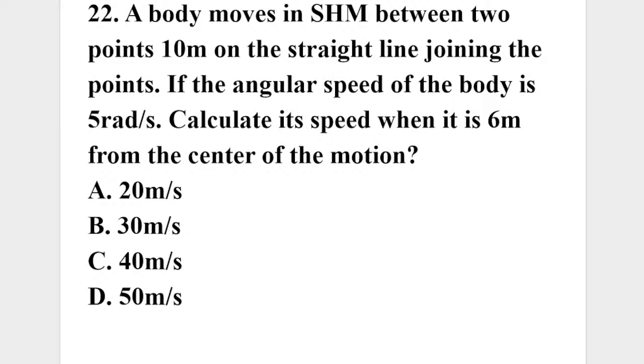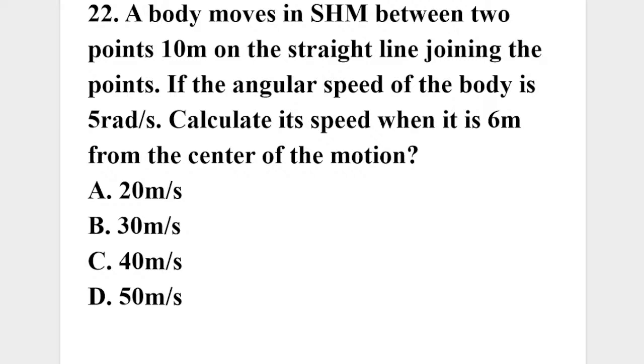Now, from here, we can say V equals omega. I said when we have two distances, for Pythagoras theorem, this one will be root of A squared minus x squared.